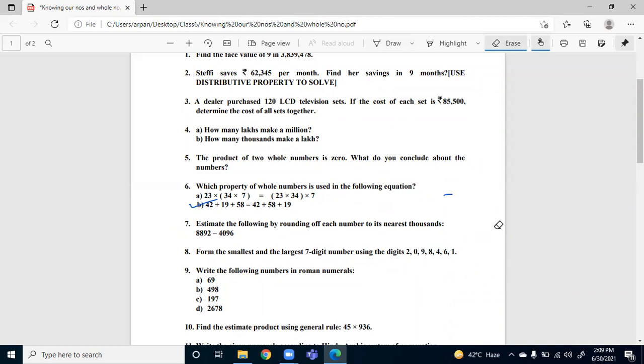You have to estimate this difference by rounding off to the nearest thousands. Okay, Samar, explain it also. Ma'am, if we need to round off to the thousands, we have to check the hundreds digit, and if it is 5 or higher than 5, then we add 1 to the thousand, and if it is lower than 5, then we make every digit except the thousand digit 0.